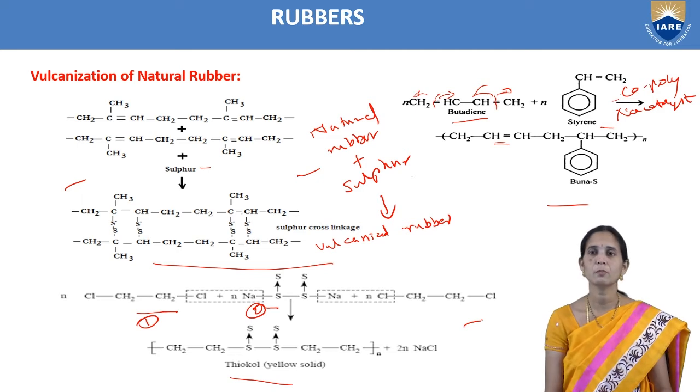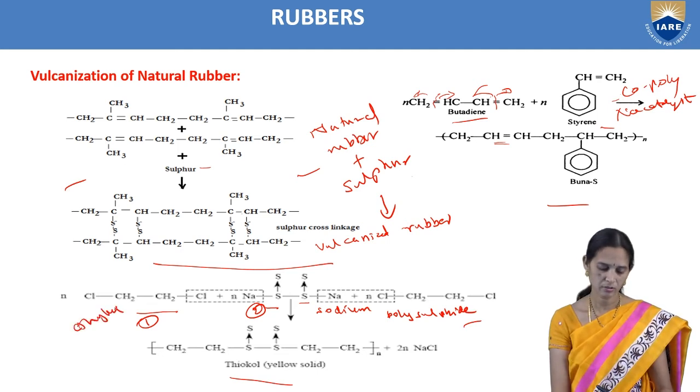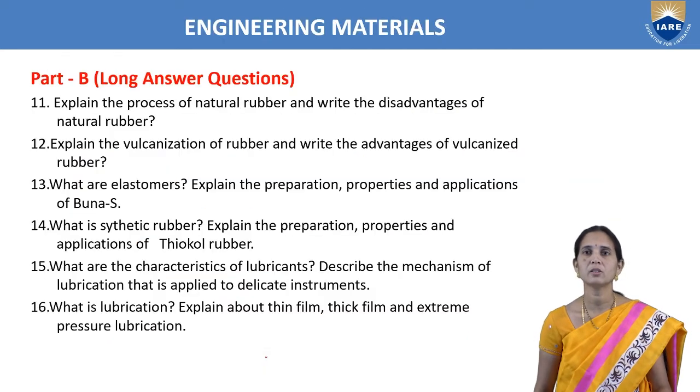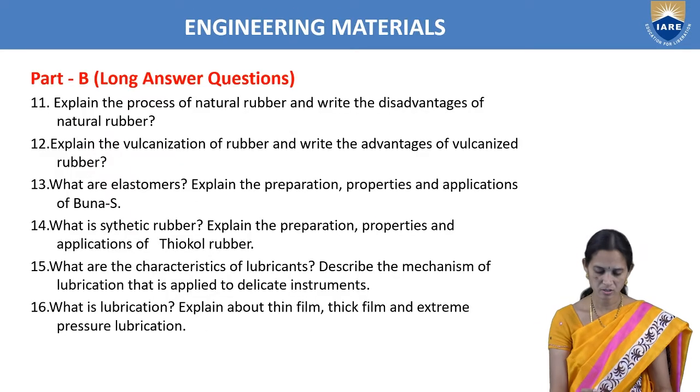Using sodium polysulfide and ethylene dichloride, we will prepare the thiocol rubber. We have to write the properties and applications of thiocol rubber.